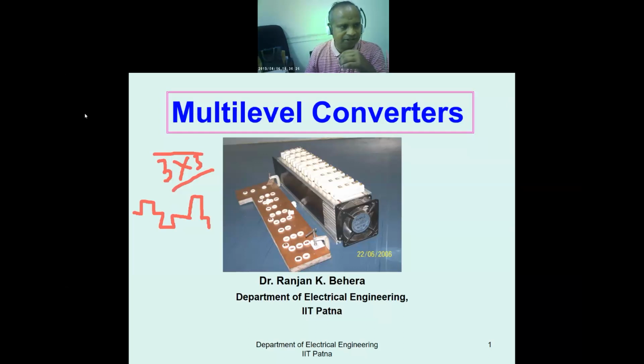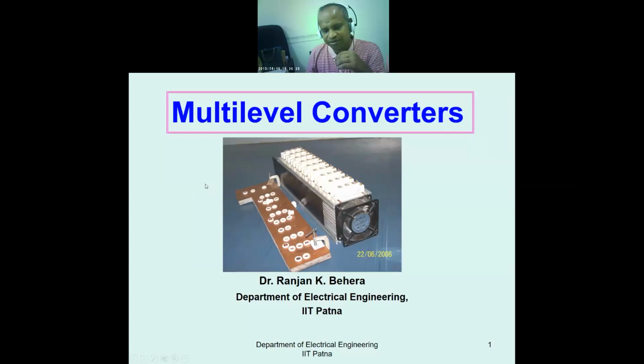Similarly, when you have a multi-level converter, more than one level in the output voltage, it will go towards a sinusoidal wave. If you have more levels in the output voltage, for example, you have a plus VDC, minus VDC, this contains all kinds of harmonics.